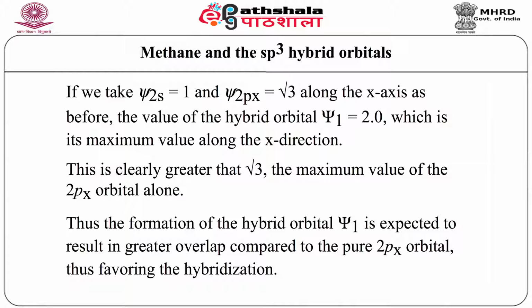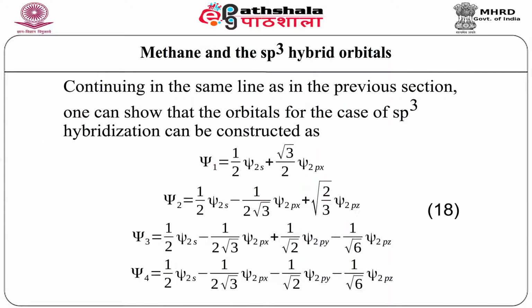Thus, the formation of the hybrid orbital Ψ1 is expected to result in greater overlap compared to the pure 2px orbital, thus favoring the hybridization.